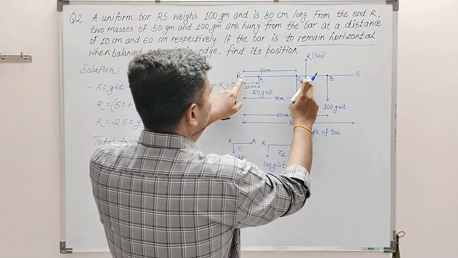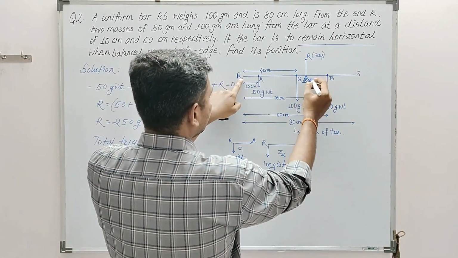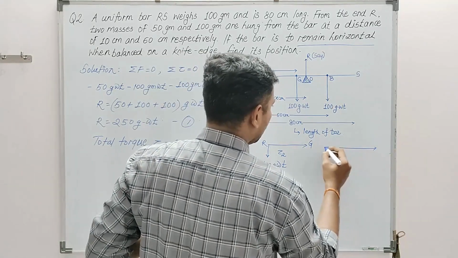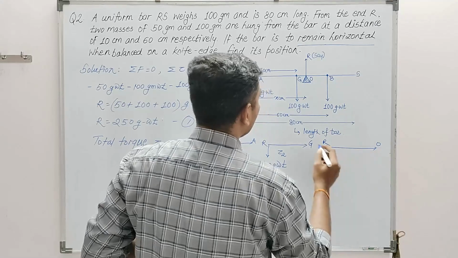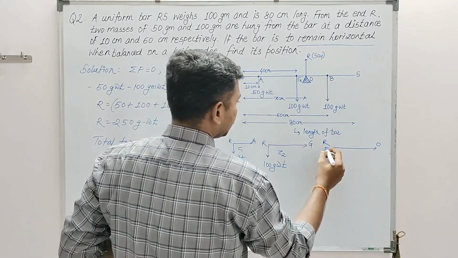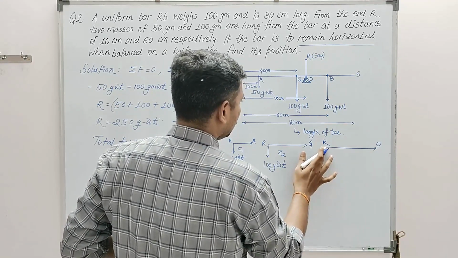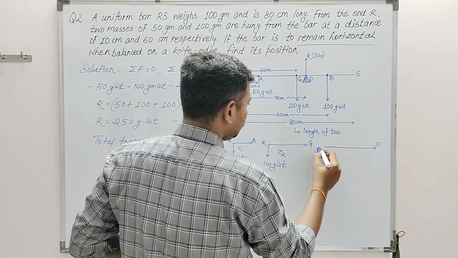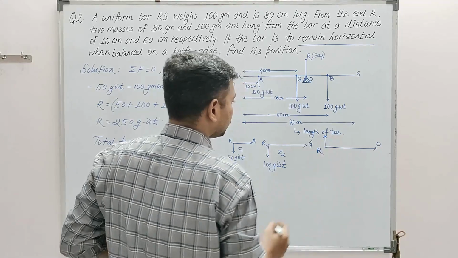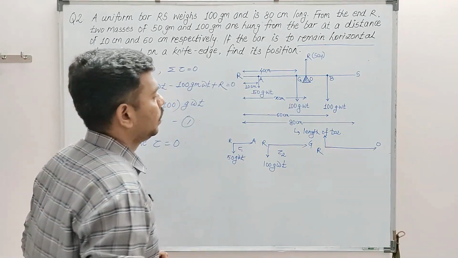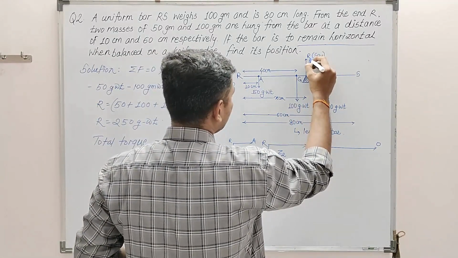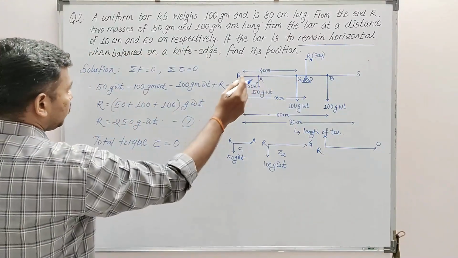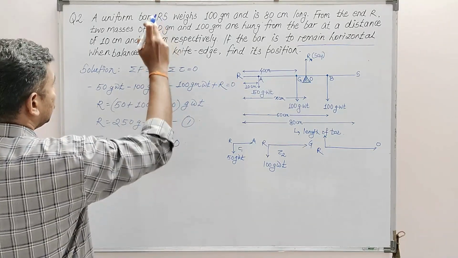Next is R into this. Let us say this is origin O. So I will write RO, and this is the normal reaction. Now this normal reaction goes upside. So this is also an R, so we can call this Rn, not to get confused with the starting point R given in the equation.